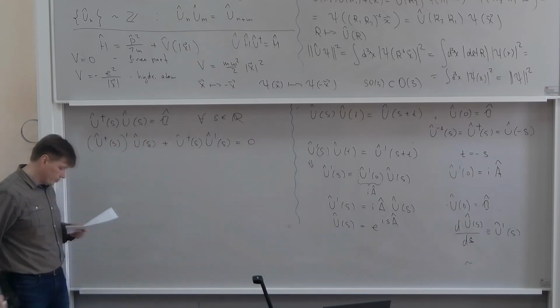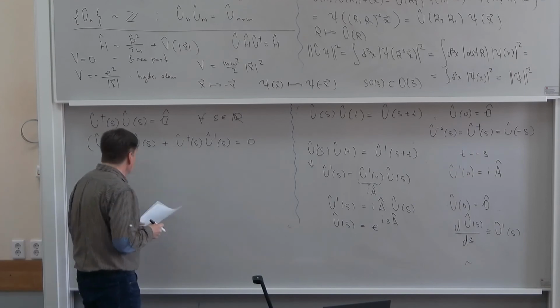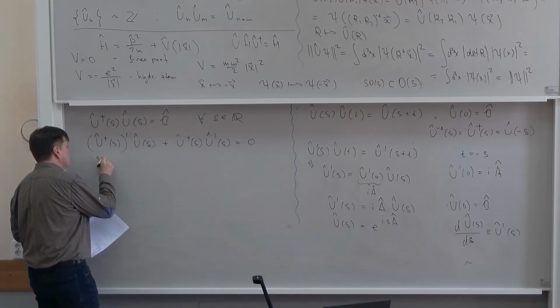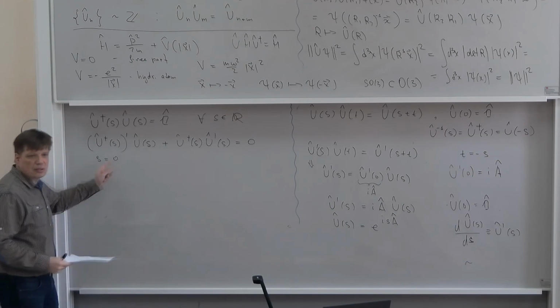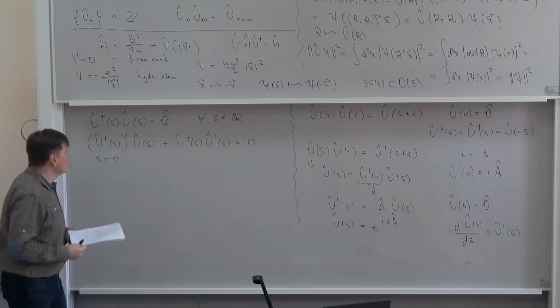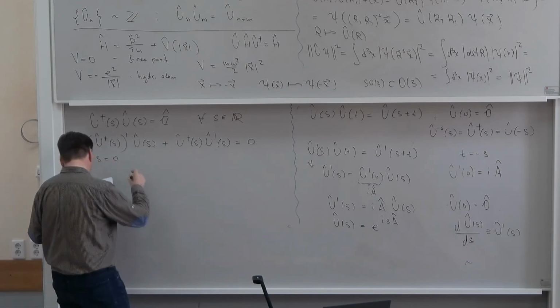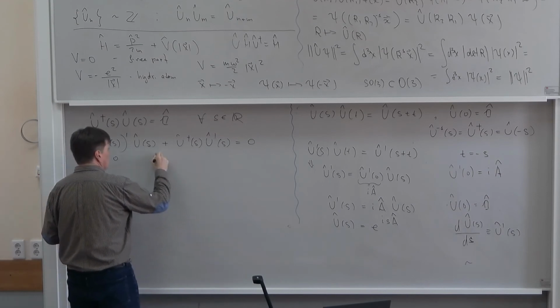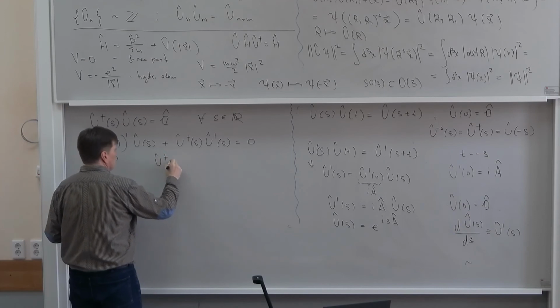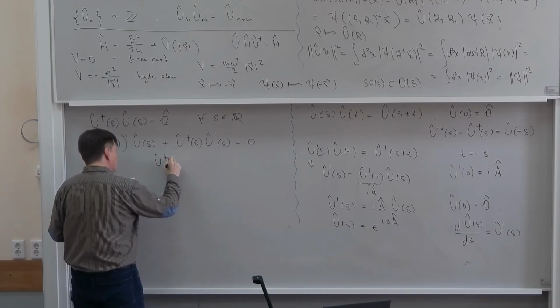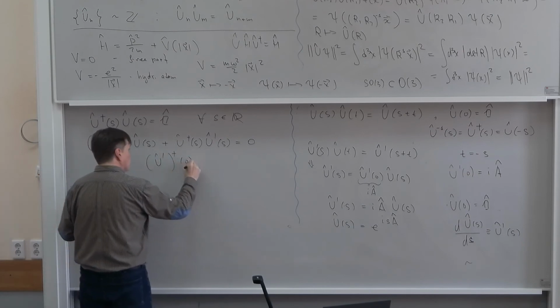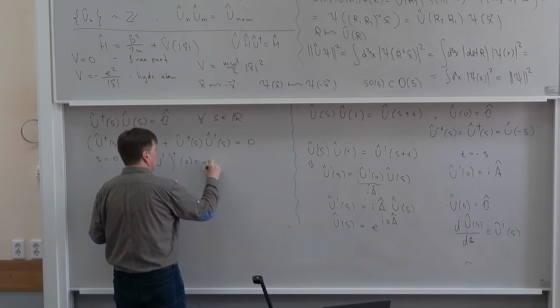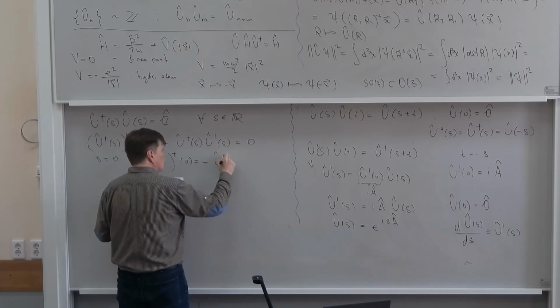And now let us put S to 0 in this identity. What do we get? We get that U dagger prime of 0 is equal to minus U prime of 0.